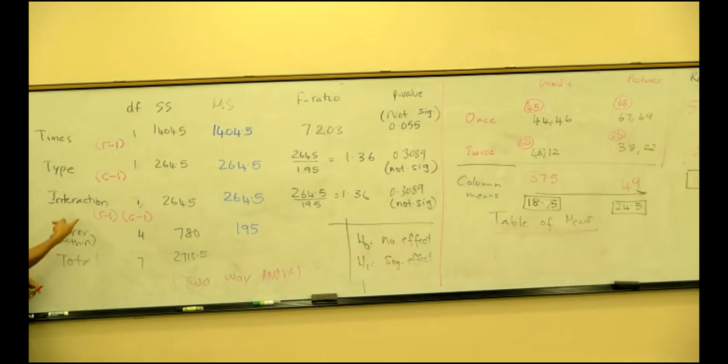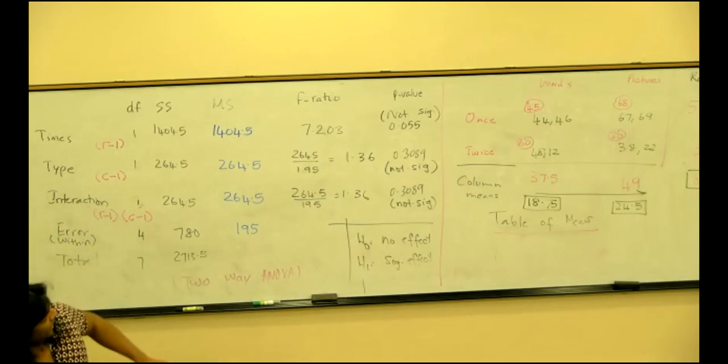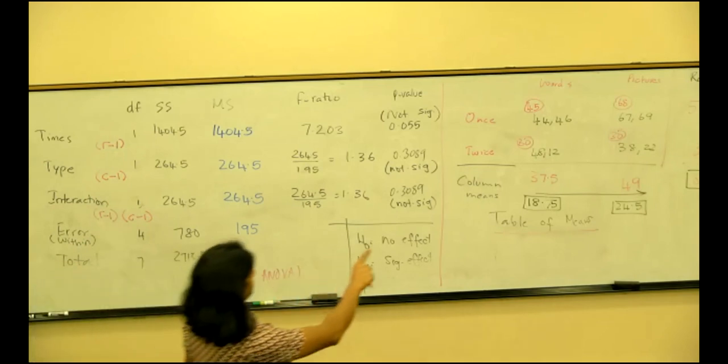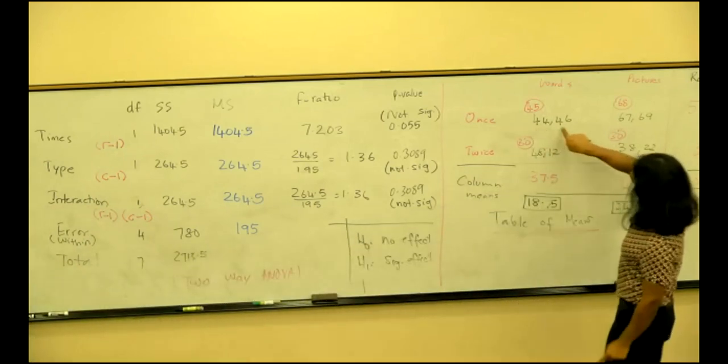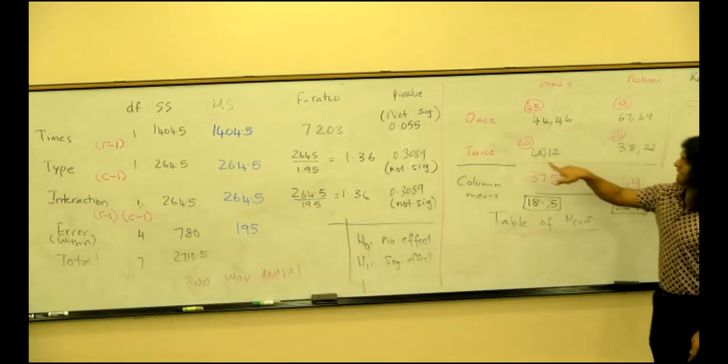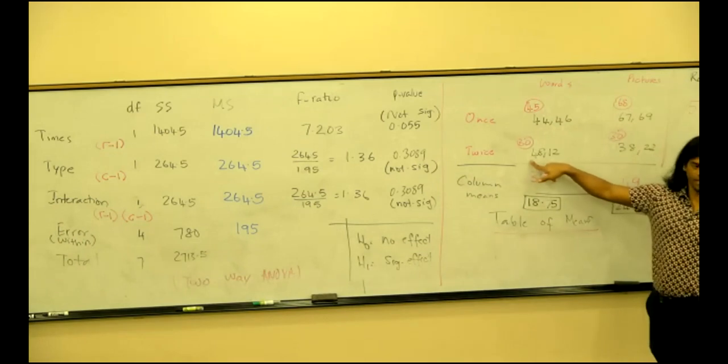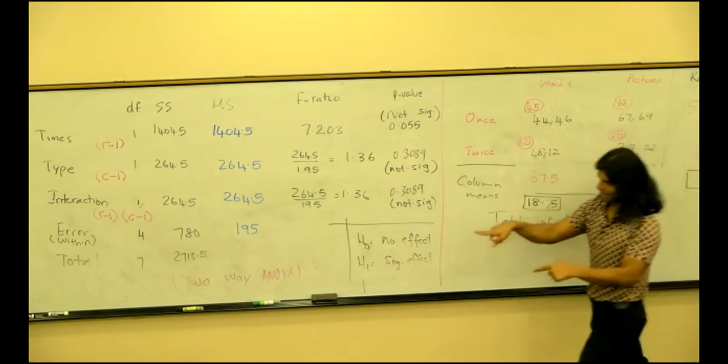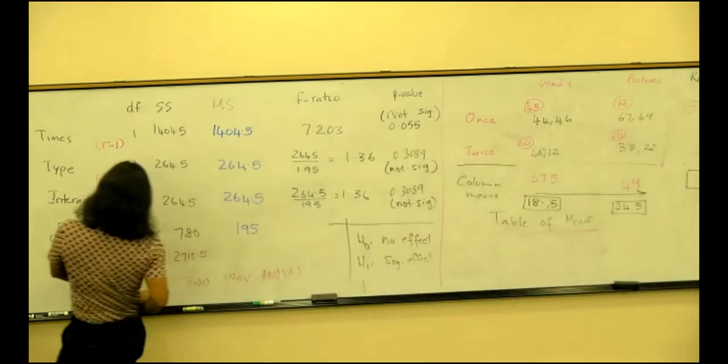Mind you, your book has a huge expression for that. If you want to use that, go ahead. The total is the total number of observations that we have. How many do we have? 8. With ANOVA, we did 8 minus 1, same thing, n minus 1.